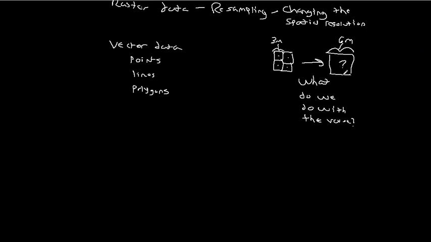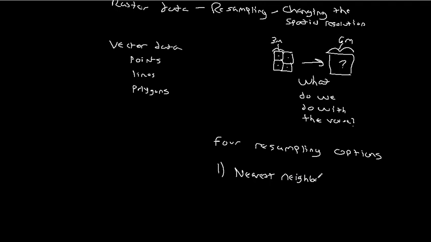Basically we have 4 resampling options for what to do with the pixel value. The first is what's called nearest neighbor. The second is what's called bilinear interpolation.